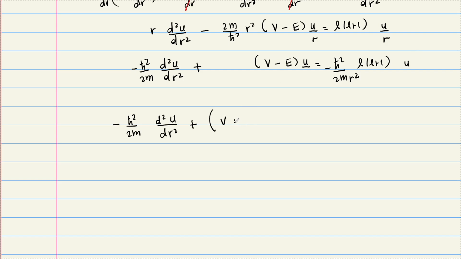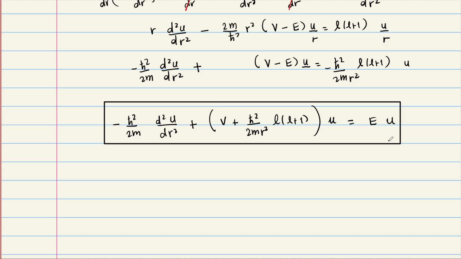V plus h bar squared over 2m r squared l(l plus 1), close this parenthesis, u is equal to E times u. Somehow I didn't miss anything. It looks correct. So this is the equation we are going to work with.